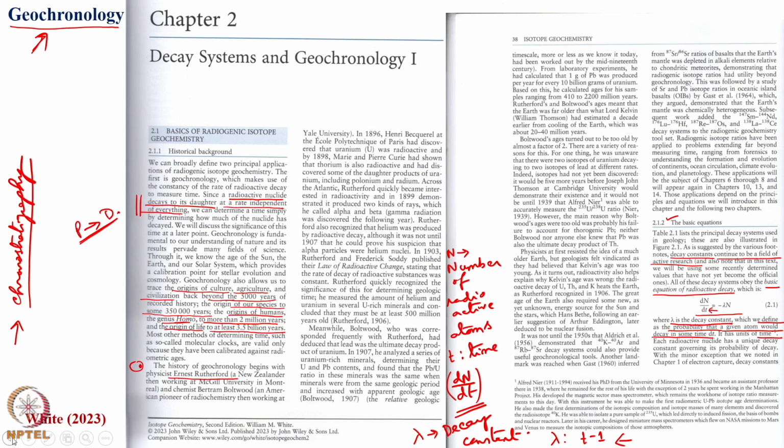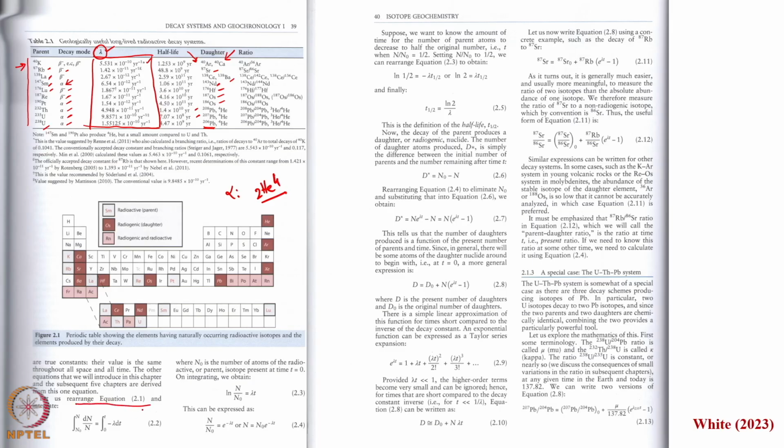Now, coming back to the equation dN/dt = -λN, one can rearrange and undertake an integration. dN/N, integration from N0 to N, is equal to -λ dt, integrated from 0 to t. This means at time t = 0, consider N0 number of atoms were present, and at time t = t, N number of atoms are present.